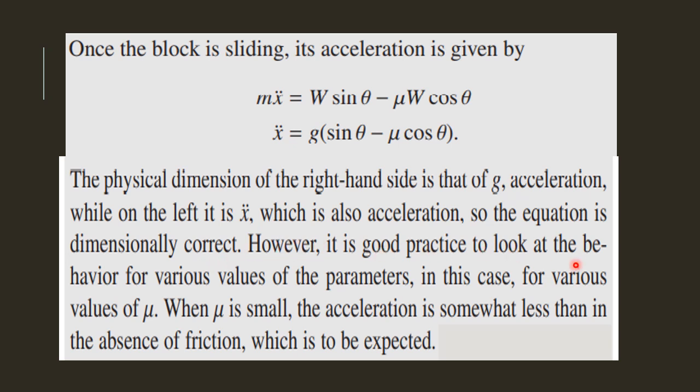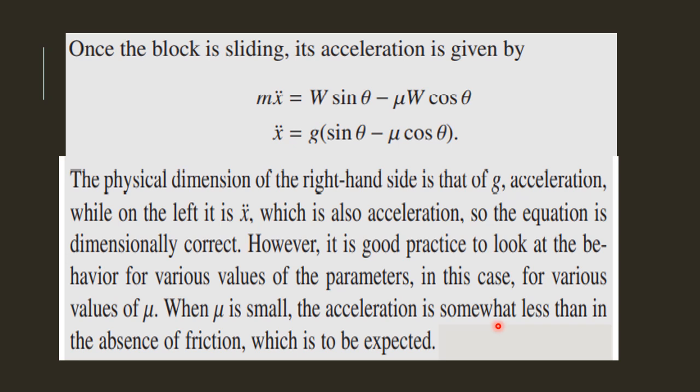However, it is a good practice to look at the behavior for various values of the parameters. In this case, for various values of mu, what will be the variation? When mu is small, there is a small amount of friction between the two surfaces.